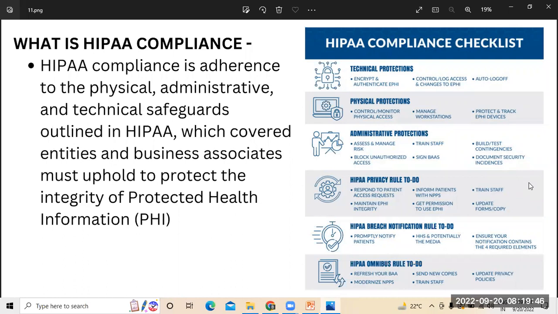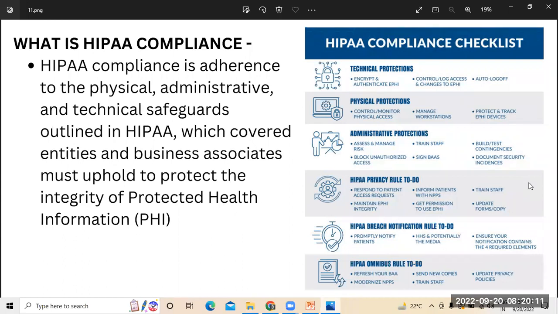So three protections you see under this HIPAA compliance. One is technical protection, technical related protection comes under HIPAA. Second, physical protection of managing the workstations, etc. Third, administrative protection, majorly focusing on managing the risk, training the staff, all that stuff.